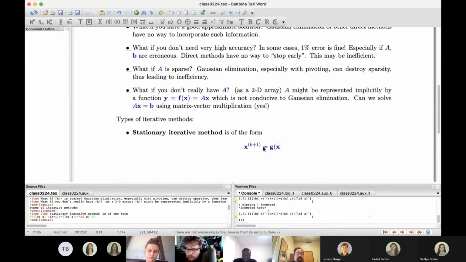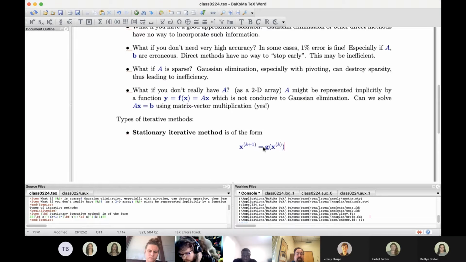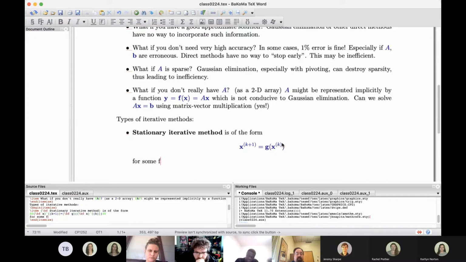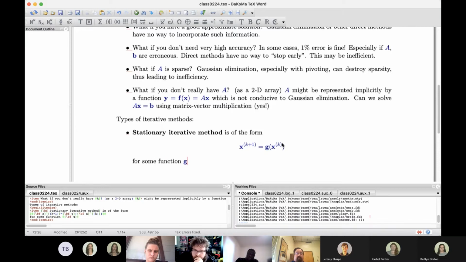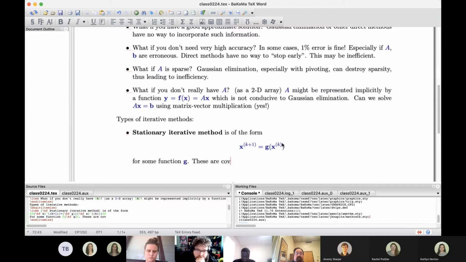So any iteration that you can write in this form, where the new iterate is some function of the old iterate, for some function g. Now, I'm not actually covering these in this class. They're in section 5.1 of the book.